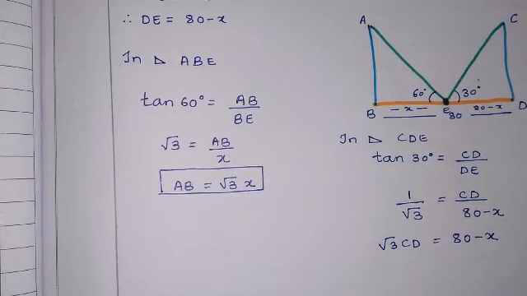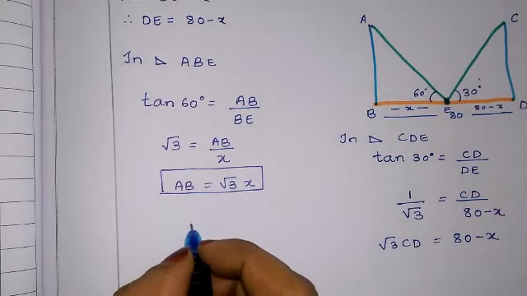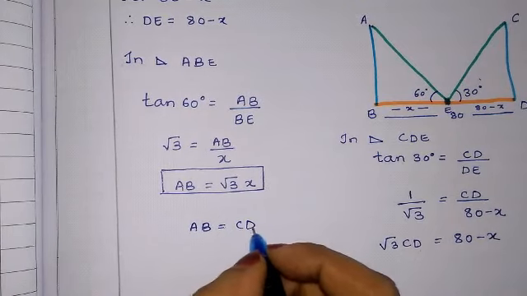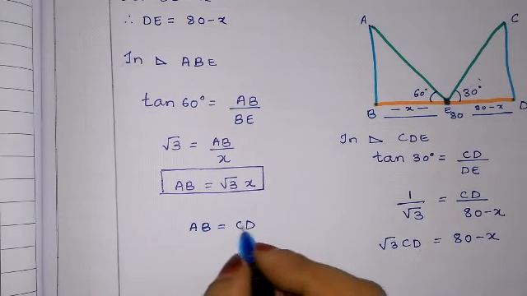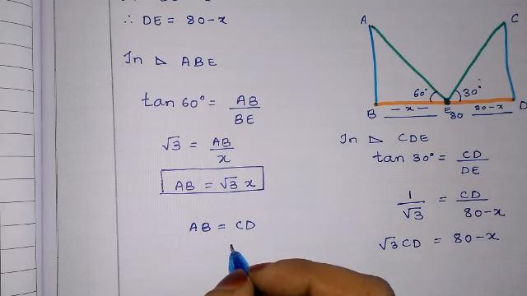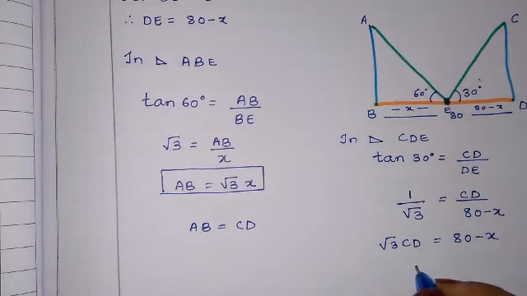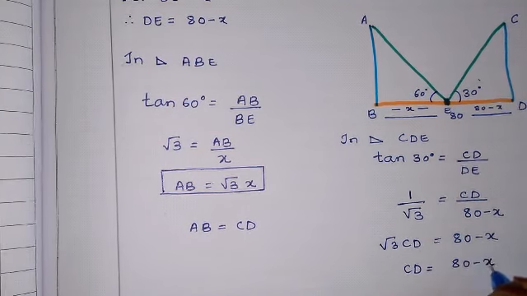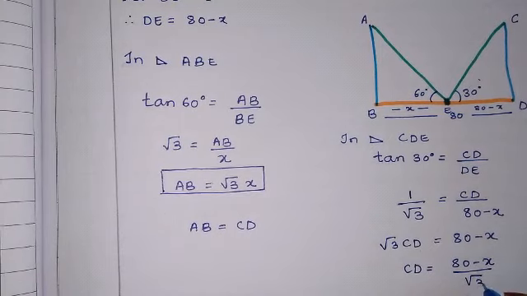But we know one thing, AB equals CD, because they are equal poles. So what I will do is CD is equal to 80 minus x upon root 3.